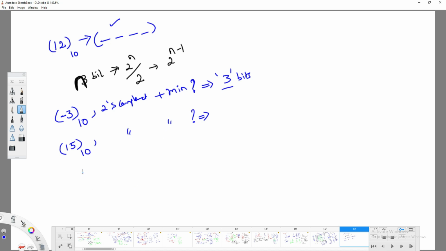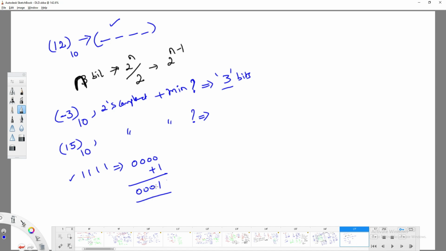So 15 I can write like this, 4 ones. For this, find the complement, 4 zeros. For this, add plus 1, then you are going to get triple zero one. So this is the 2's complement of 15. 4 bits are required.